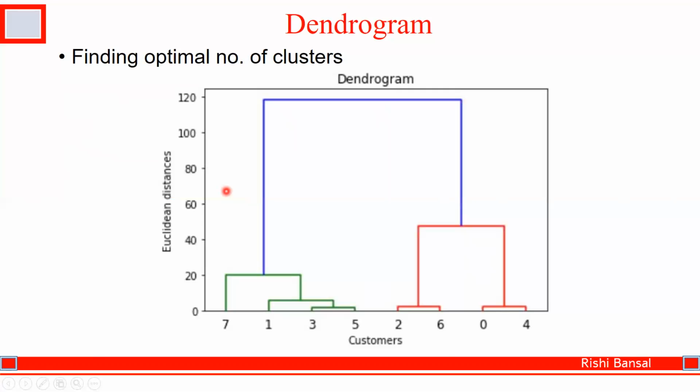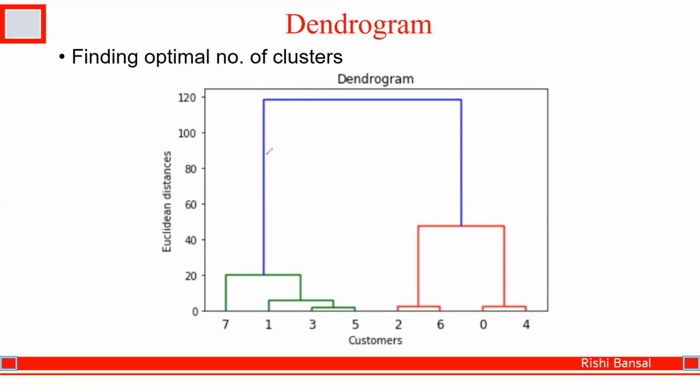Now, using the dendrogram, how do we find the optimum number of clusters? Here what happens is, you need to cut this dendrogram. You need to find the longest vertical line which is not crossing any horizontal line.